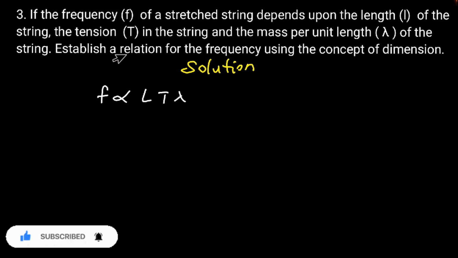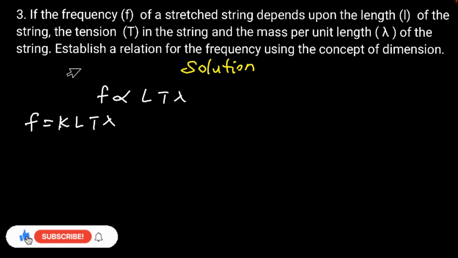So we write F, now this is a proportionality sign. To change this to equal to, we're going to introduce a constant. Let's call that constant K. So K times we have L, then T, and then this lambda, which is the mass per unit length.